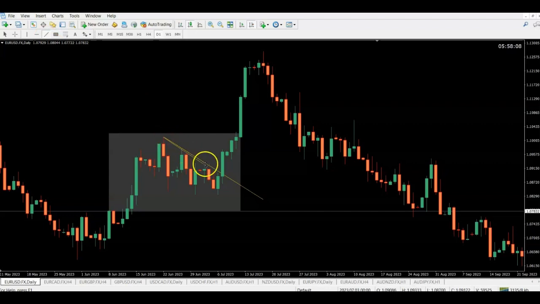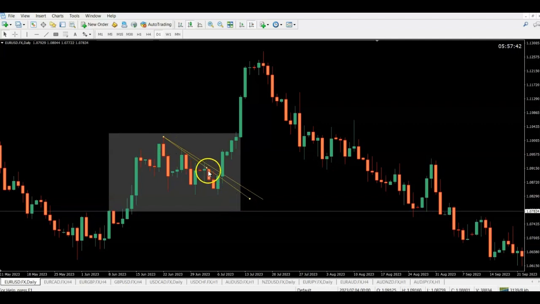Now we're going to do again, starting from the same point, covering the body of the first candle. You can't penetrate any of the other candles. So go to your first candle, whatever candle right here. If I move this line any lower, it's going to penetrate, and then you'll have way more touches.